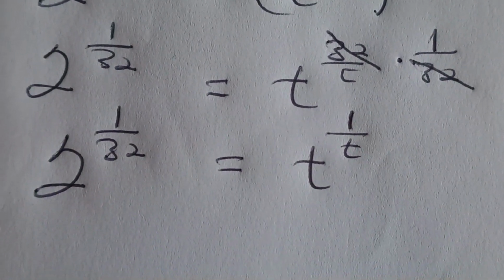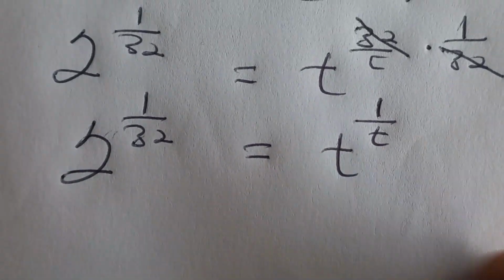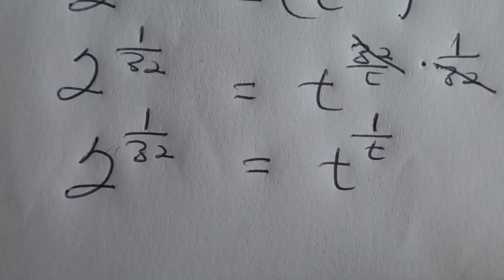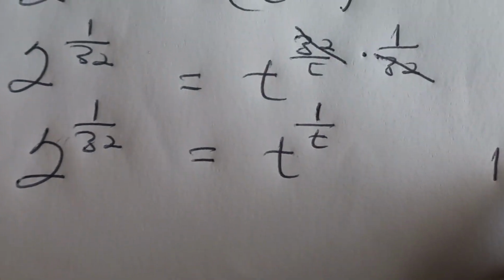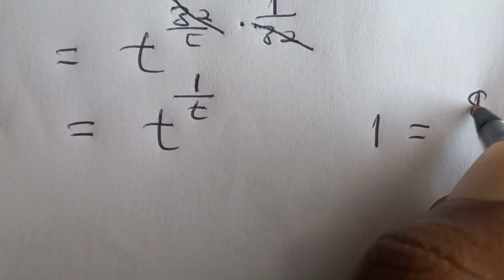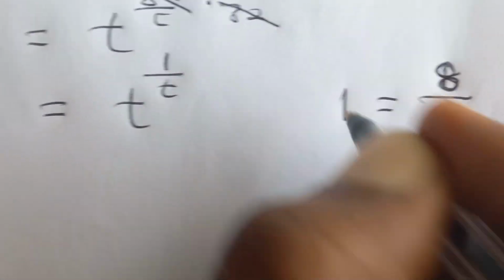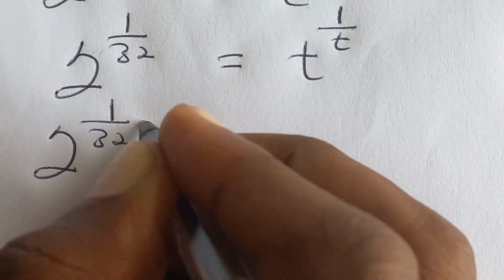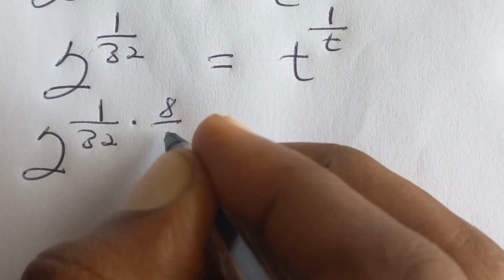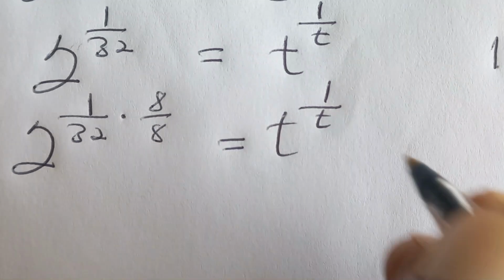Okay, now let us try to work on this to look like the right hand side. Okay, so from here, we have 1. It's the same as 8 over 8, which is the same as 1. So you can say that 2 exponent 1 on 32 multiplied by 8 on 8 is equal to t exponent 1 on t.